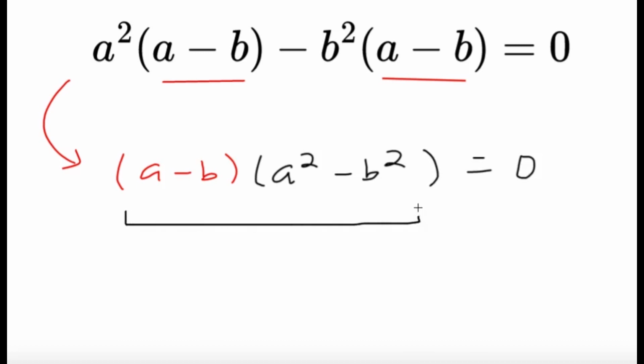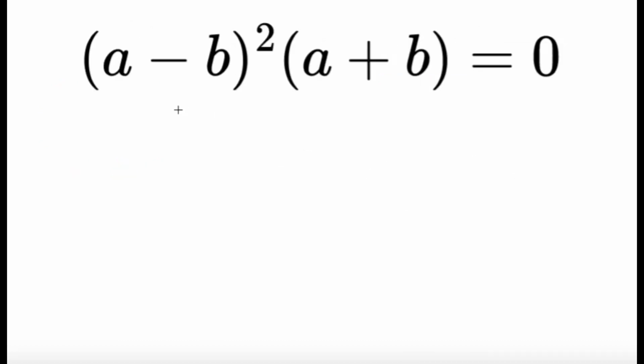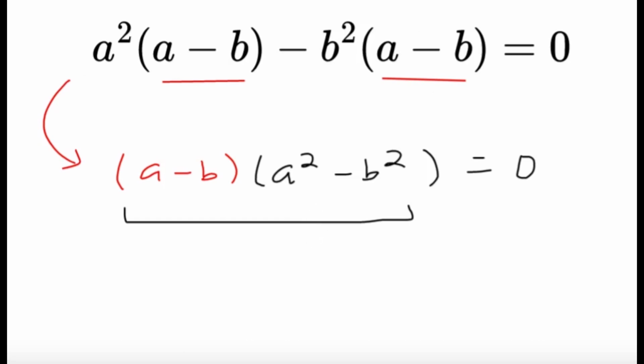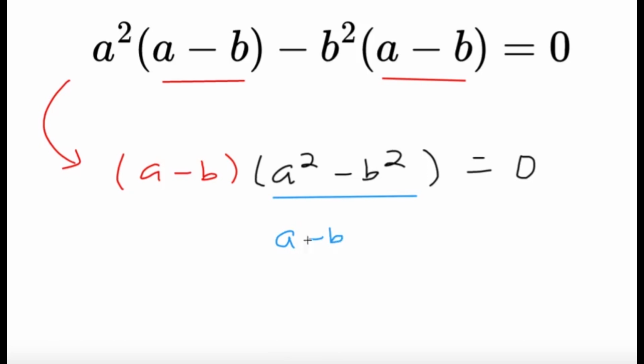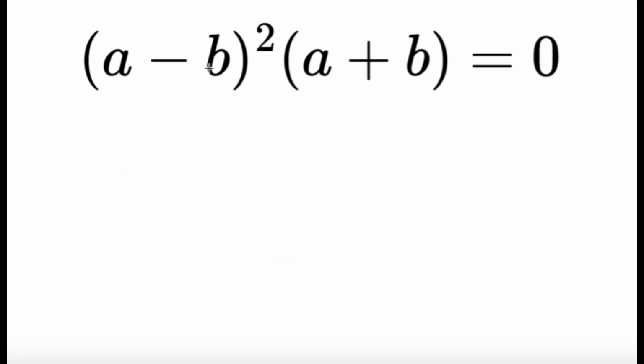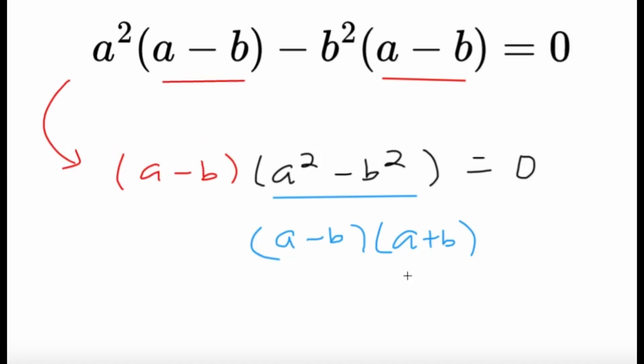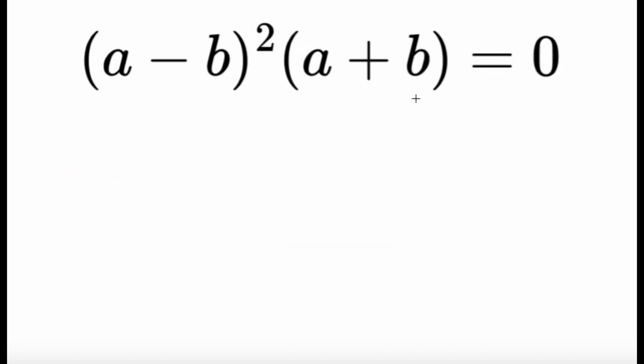Now we can do some further factoring because, as you can see, a squared minus b squared is just a difference of two squares. That's going to be equal to a minus b times a plus b. And then since I have two a minus b's, I'll have a minus b squared, and the a plus b here is just the a plus b here. So a minus b squared times a plus b equals 0. Now, we're going to use the zero product property because we have some expressions that multiply to 0.